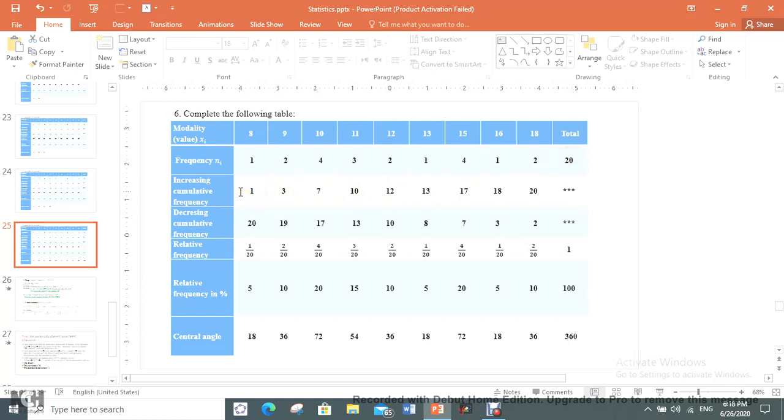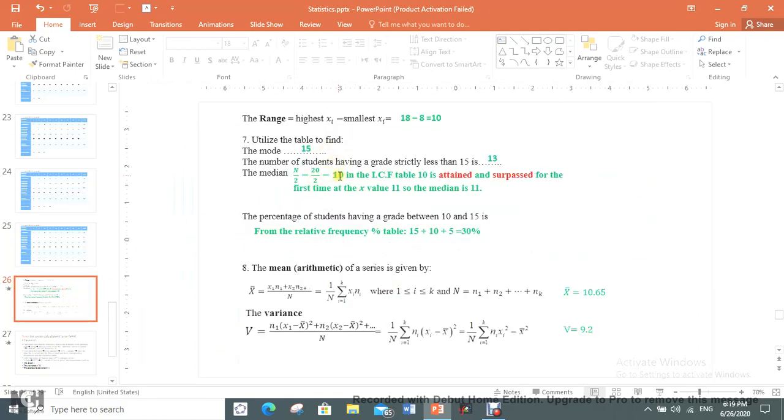Then look in the ICF table for the row where we attain and surpass 10 for the first time. Here, 10 is attained and surpassed for the first time at the x value 11. So the median is 11.